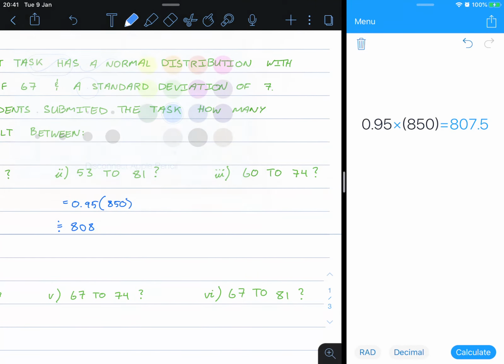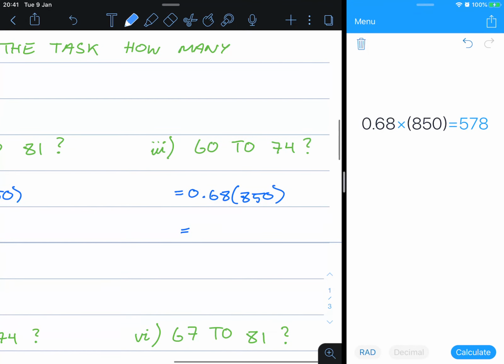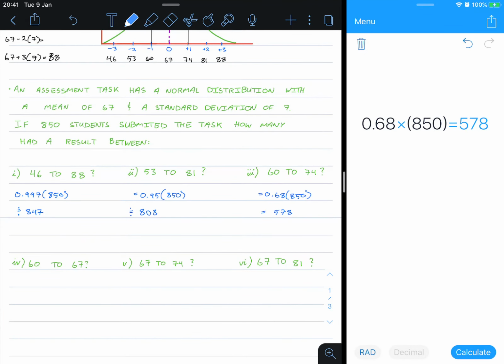So this is going to be 68% of 850. So 0.68 times 850 is 578 students.